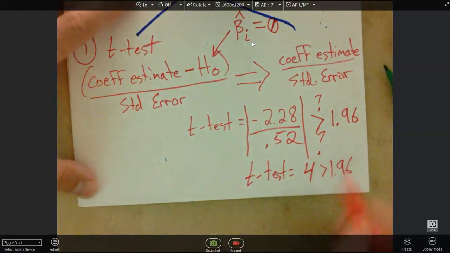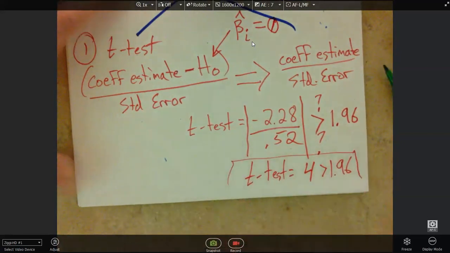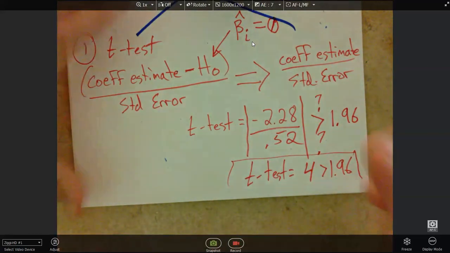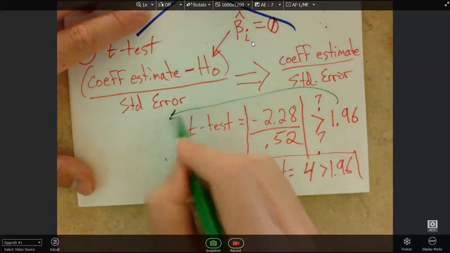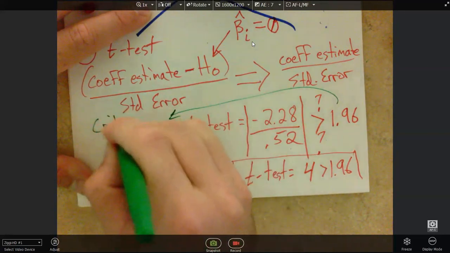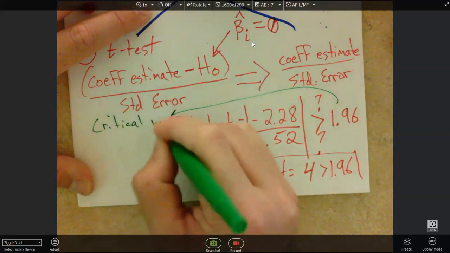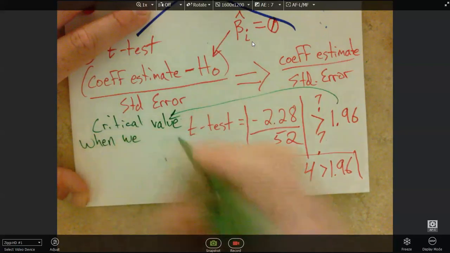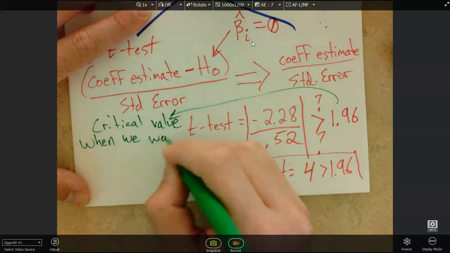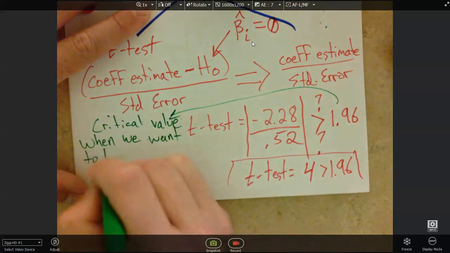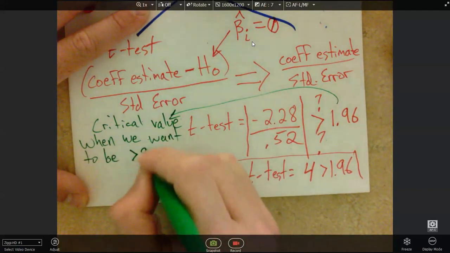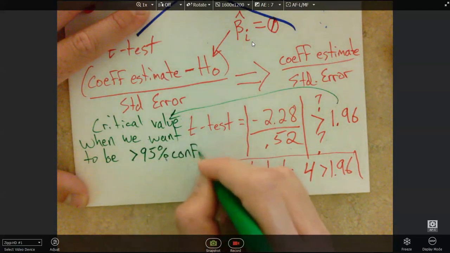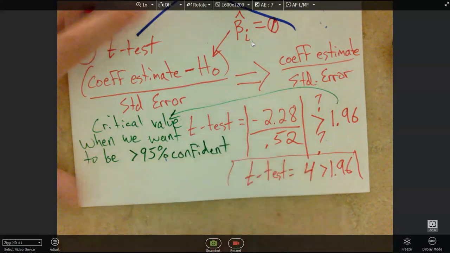So what does that mean? That's a very good question. 1.96 is the critical value when we want to be at least 95% confident.